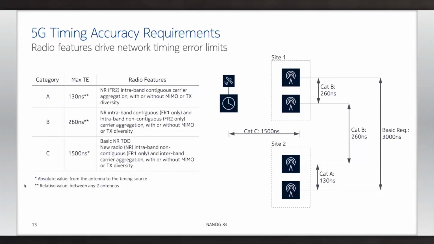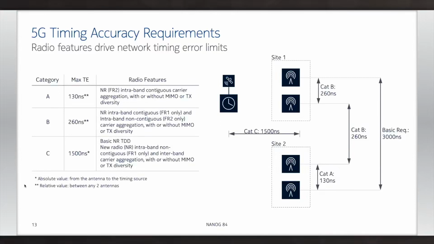Now, because we're talking about those two radios, in this case, these numbers, 260 and 130, are not absolute, meaning that they are not between the radio and the time reference, but rather they are between two antennas of two different radios that are serving a single device, right?